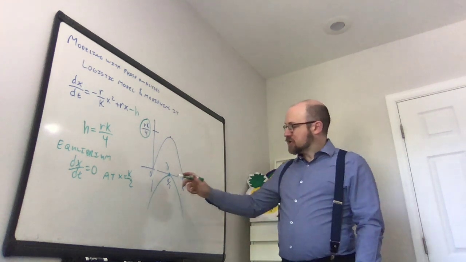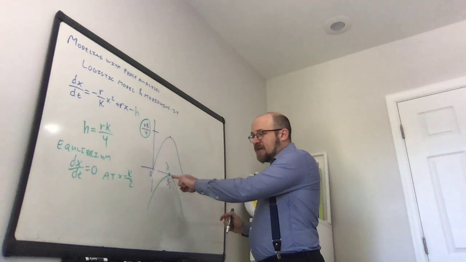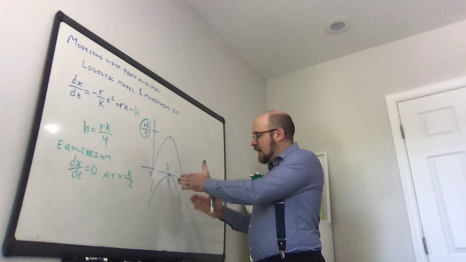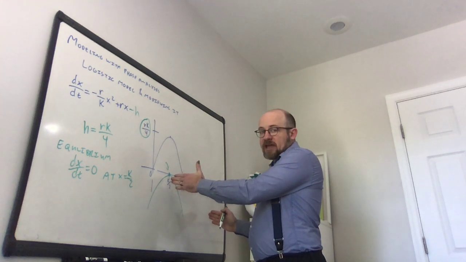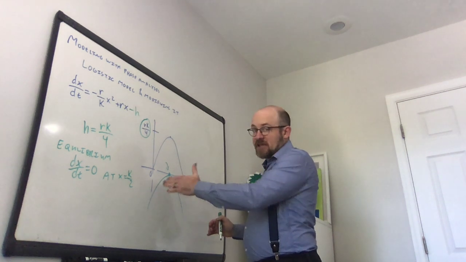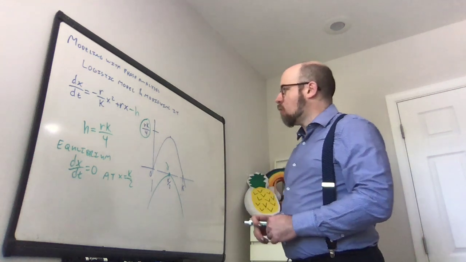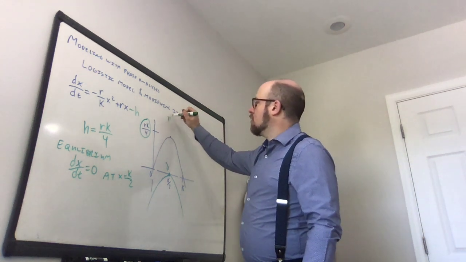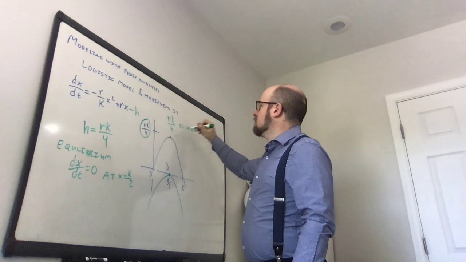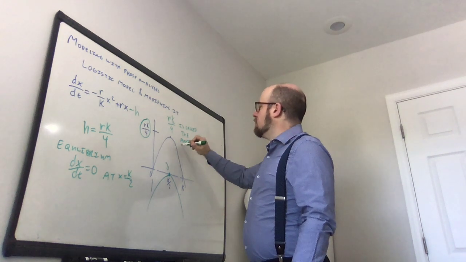So what this actually looks like, in this case, the phase analysis, if you think about it, if x is equal to k over 2, the population stabilizes. If x is greater than k over 2, it decreases until it gets to k over 2. If x is less than k over 2, it decreases until it hits 0. Okay? So rk over 4 is called the maximum sustainable yield.